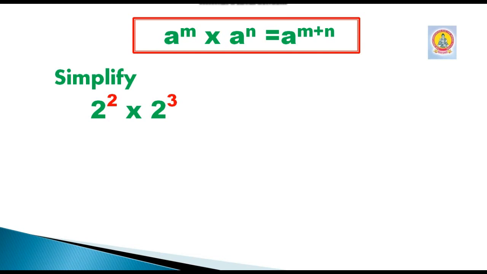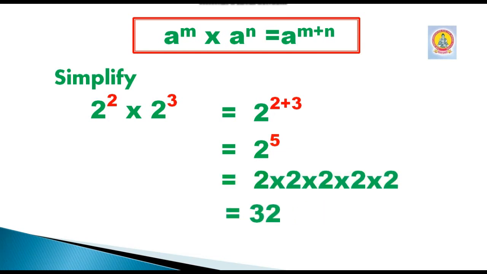Here the bases are same, they are 2. When we multiply these, we can apply the first law, 2 to the power of 2 plus 3, that is, the powers are added, which is equal to 2 to the power of 5, which is equal to 2 into 2 into 2 into 2 into 2, which is equal to 32.